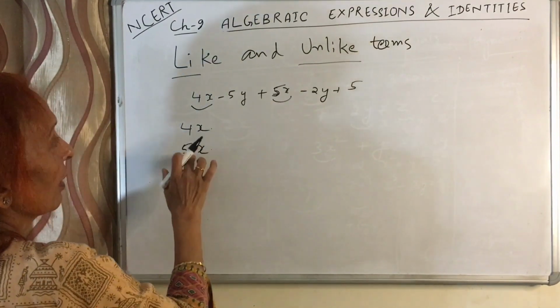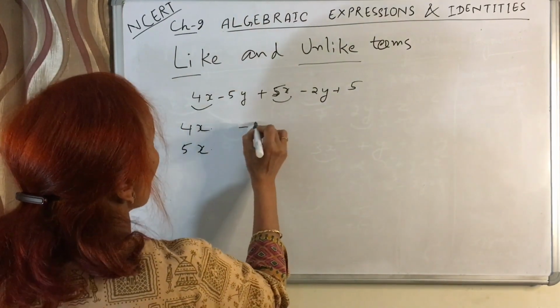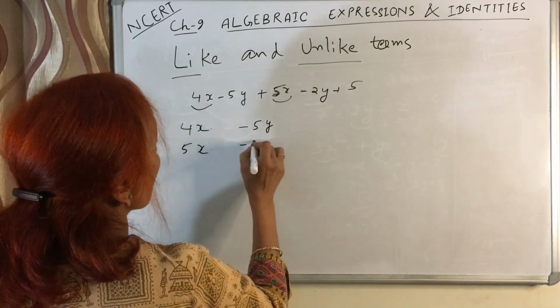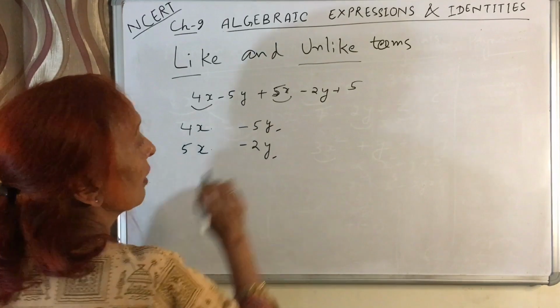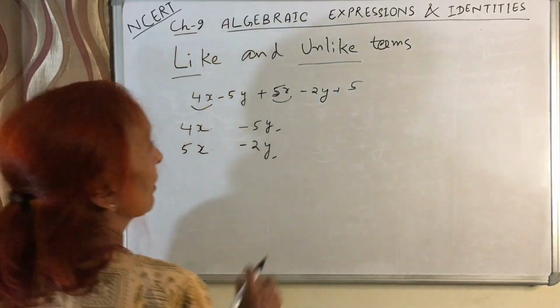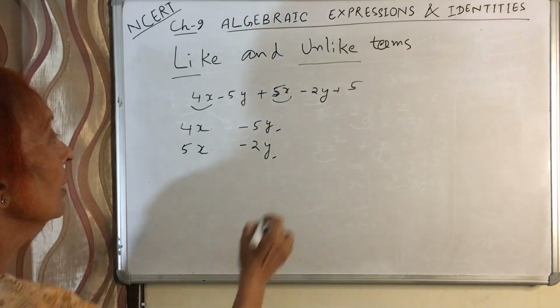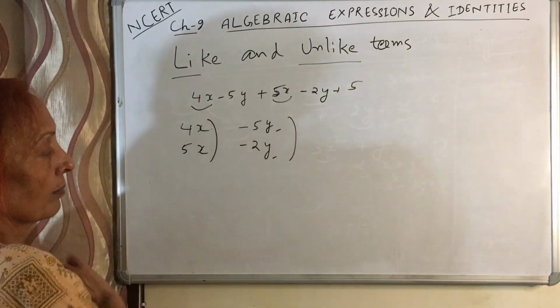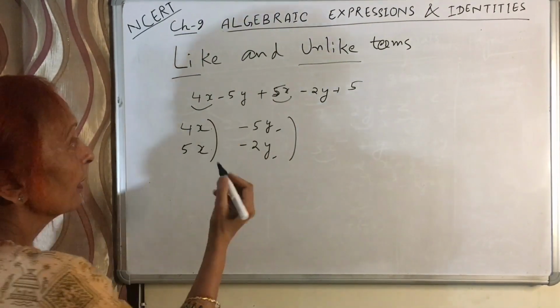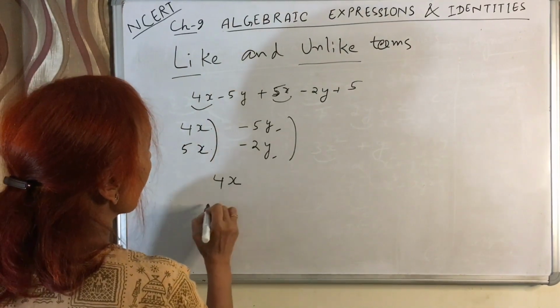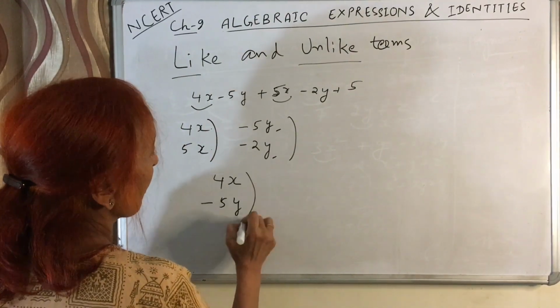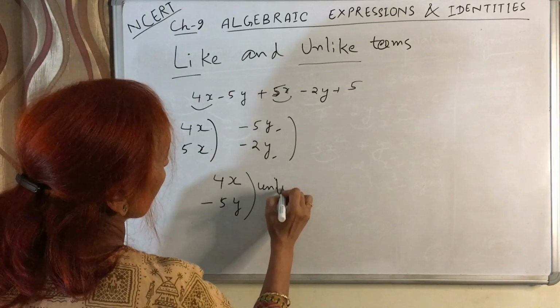So these two are like terms. What about minus 5 and 5? These are constants, so these are like terms. What about unlike terms? If I consider 4x and minus 2y, these are unlike terms.